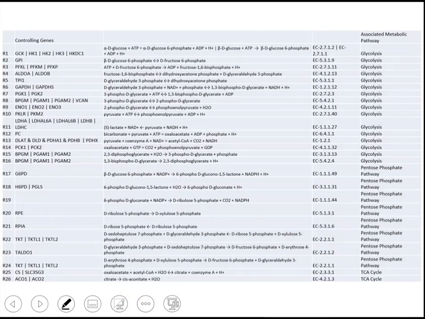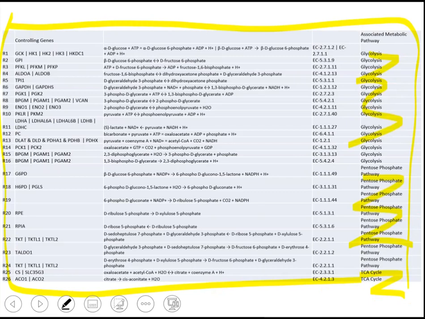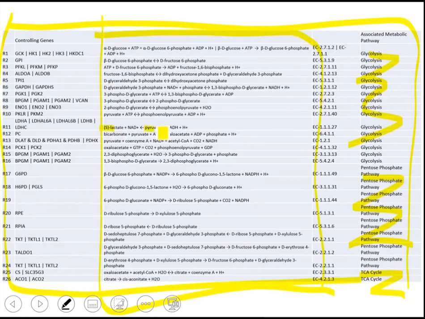So here we see a list of reactions. Some reactions are from glycolysis, some are from the pentose phosphate pathway, some are from the TCA cycle. You see the names of the reactions themselves, for example, pyruvate is used together with an ATP to make phosphoenolpyruvate. And you see here the associated enzyme EC numbers. Here you see the associated gene names.